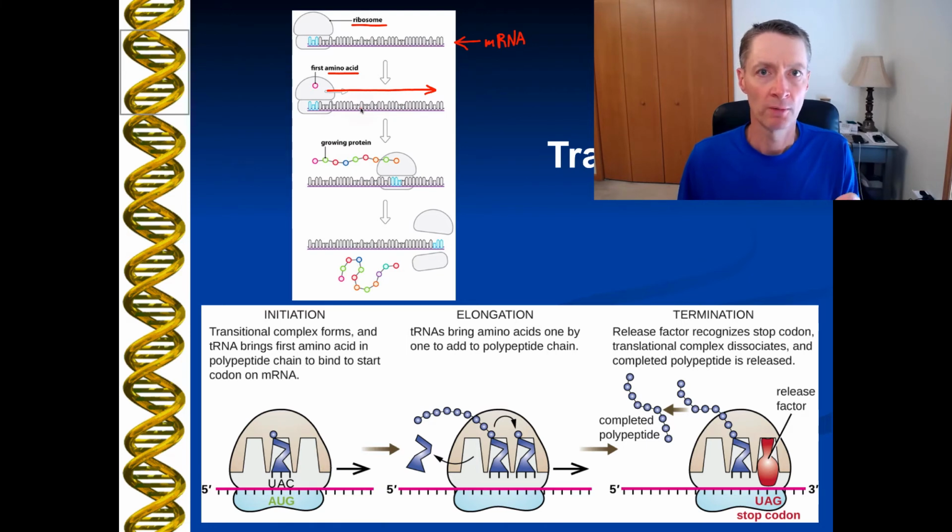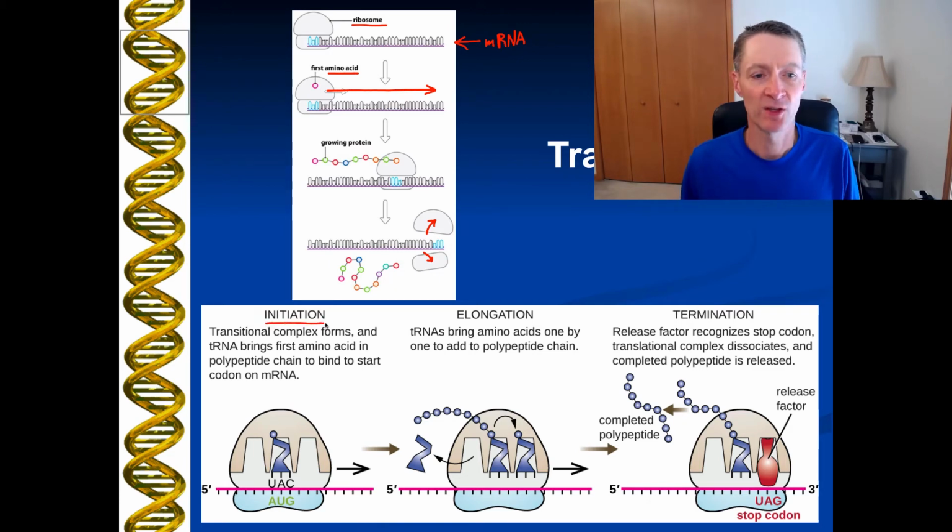Each set of 3 RNA nucleotides will code for 1 amino acid. And ultimately those amino acids are strung together. The ribosome detaches, and the whole translation process ends.